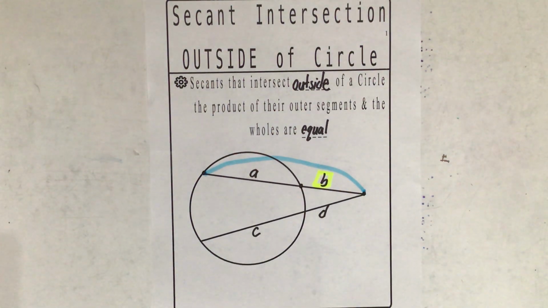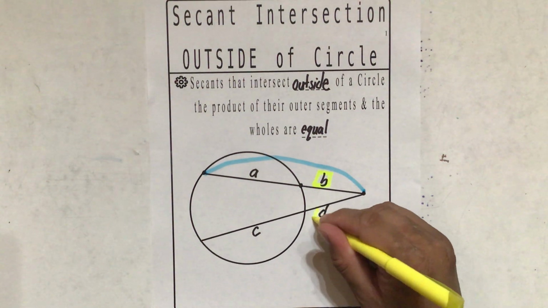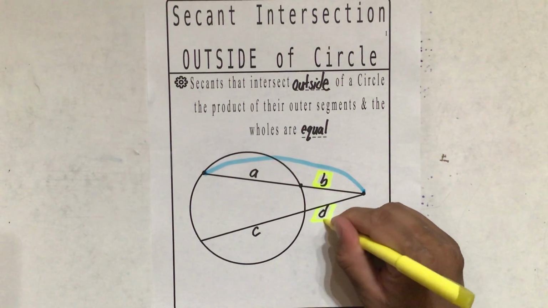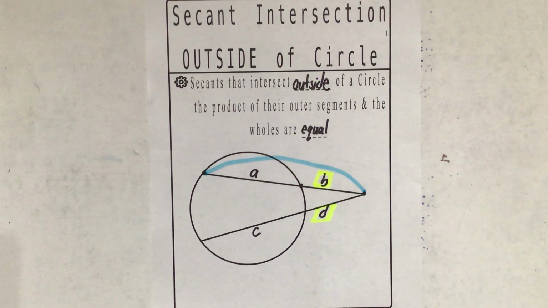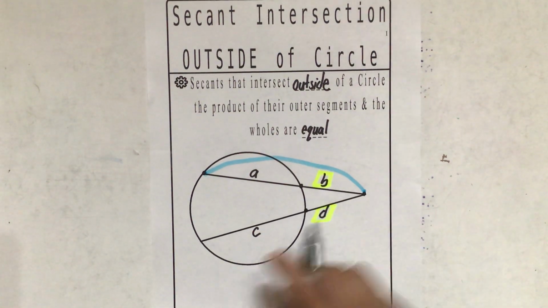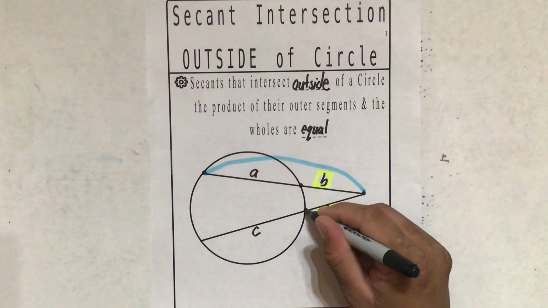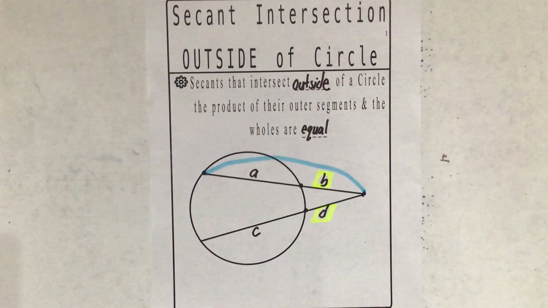A and B together. So let's follow the same routine on this bottom one here. The outside is D here, right? And what's the whole thing? The outside of this secant is from here to here also.